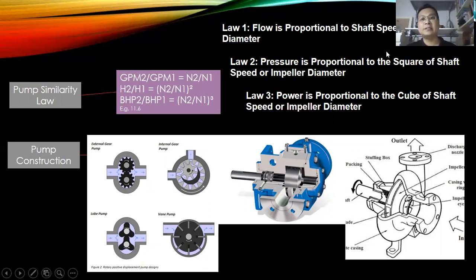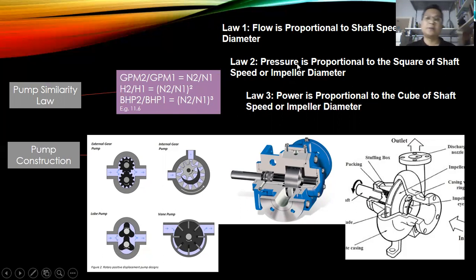This is what we call the first law of pump similarity. And the second one is the relationship that pressure is proportional to the square of shaft speed or impeller diameter. So we can put a calculation formula with this relationship.